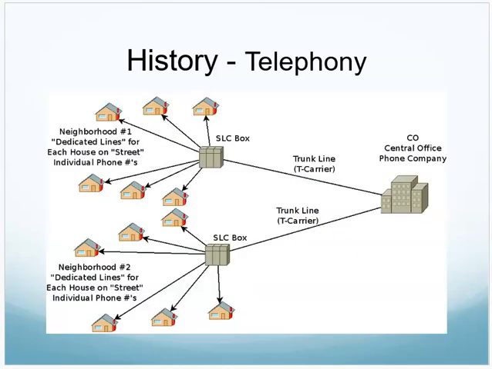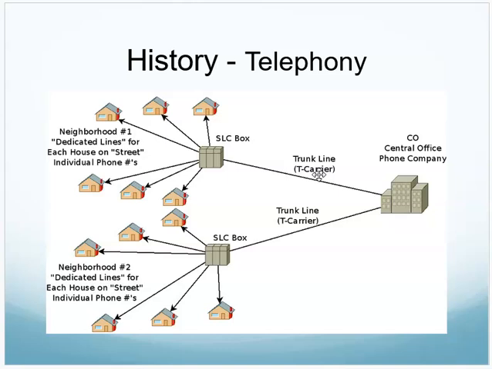But we now start having this scenario where they would put a box in a neighborhood for all the phone lines to connect to, and then they would use a trunk line from that box back to the central office. So instead of running 24 individual phone lines from 24 houses back to the CO, they could run 24 lines to this box. This box would multiplex them together onto a T1 line, a T carrier. T carrier uses time division multiplexing.